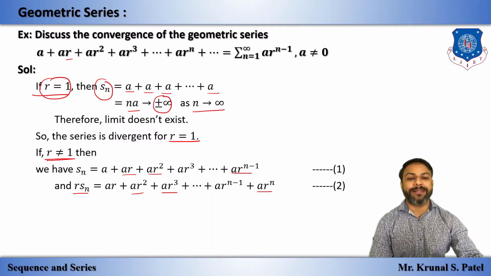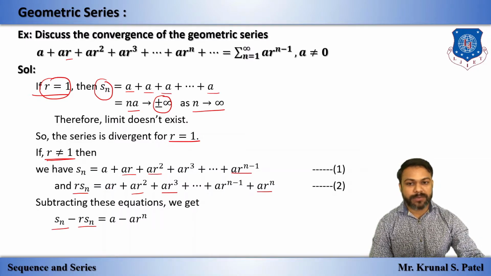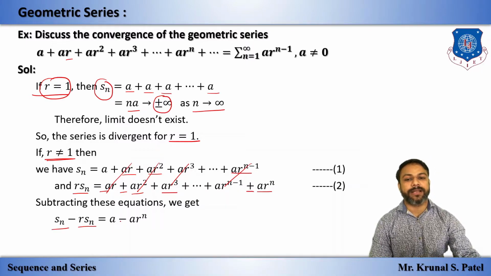Now by subtracting, we have Sn minus r into Sn. If we subtract equation 2 from equation 1, the middle terms cancel out, plus and minus, and we have a minus a r^n.